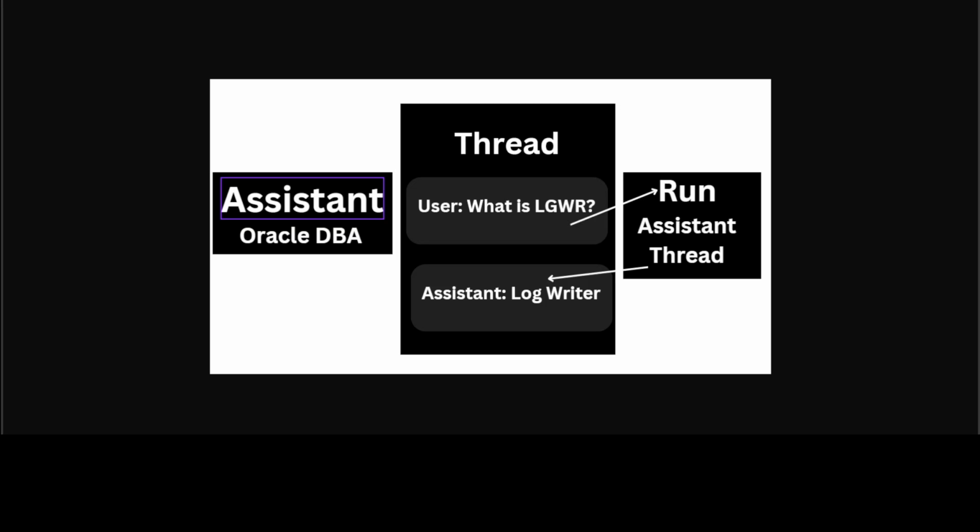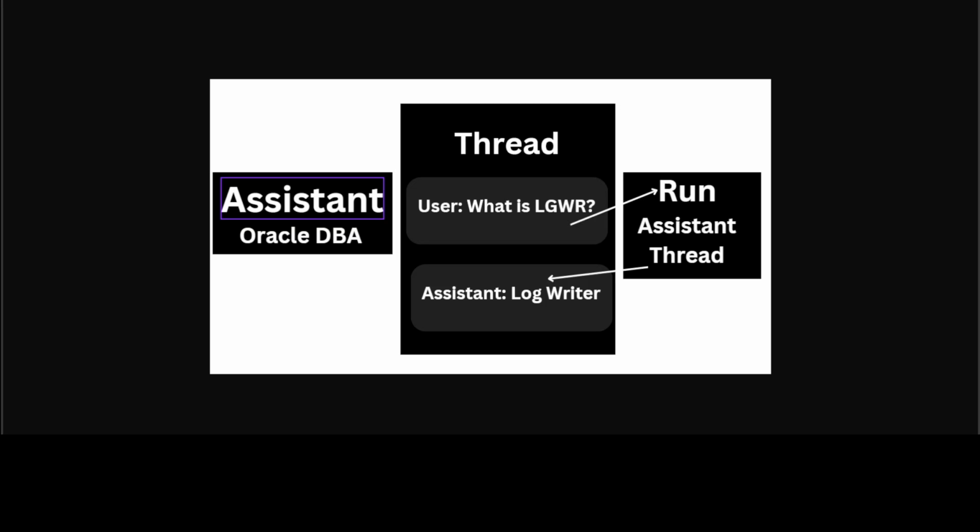Or in other words, if you want to build a custom chatbot or a custom assistant on your own documents, for example, on your legal documents or medical documents, then you can create a medical assistant or legal assistant. In this example, which I'll be showing you very shortly, we are going to create an Oracle DB assistant. So this is the whole concept behind assistant.